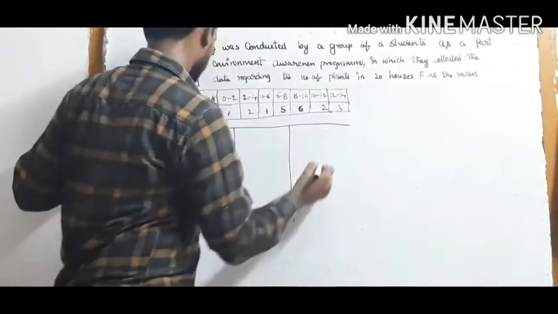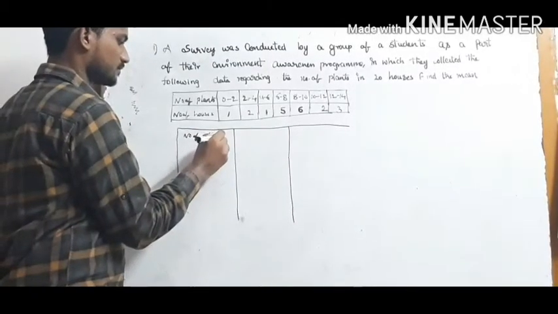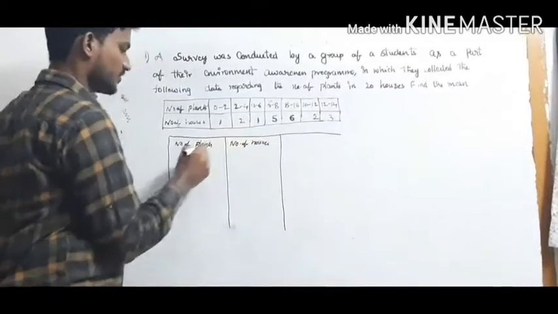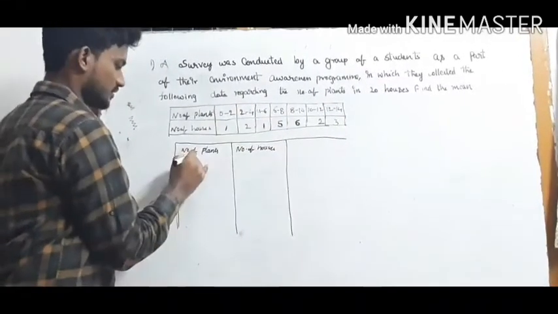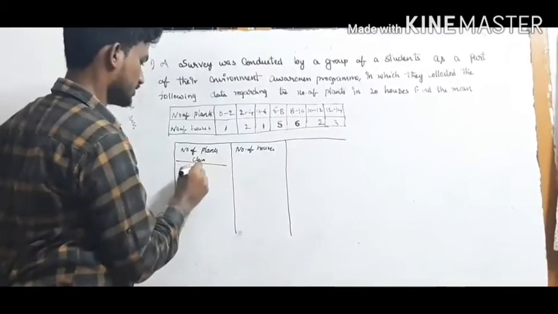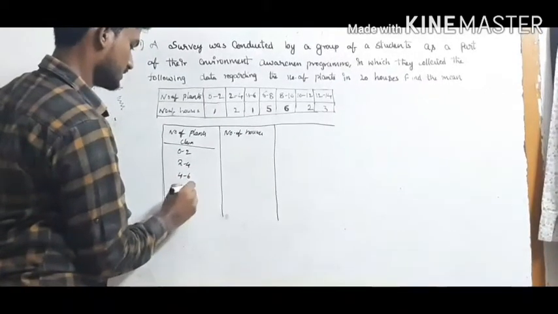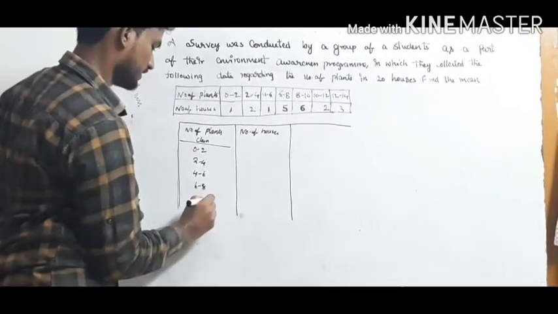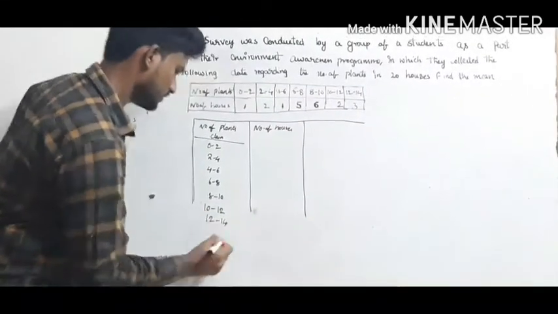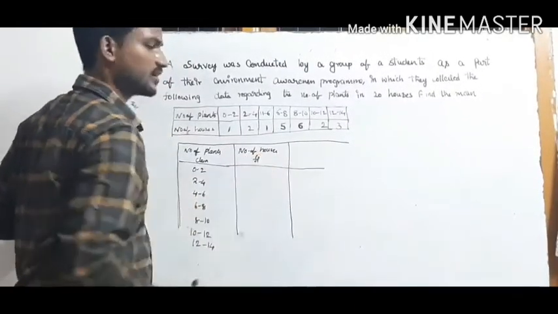The classes are 0 to 2, 2 to 4, 4 to 6, 6 to 8, 8 to 10, 10 to 12, 12 to 14, and the number of houses is the frequency Fi.